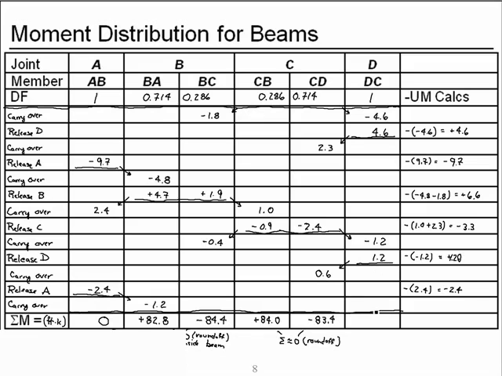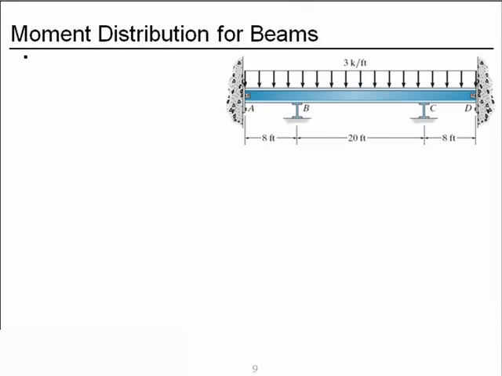All of that adds to 0, as we would expect at the pin end of a beam. We now have sufficient information so that we can use the equations of equilibrium to find the vertical support reactions.